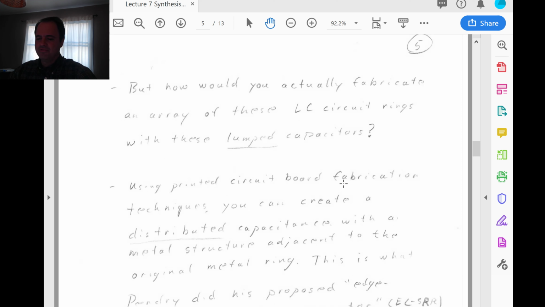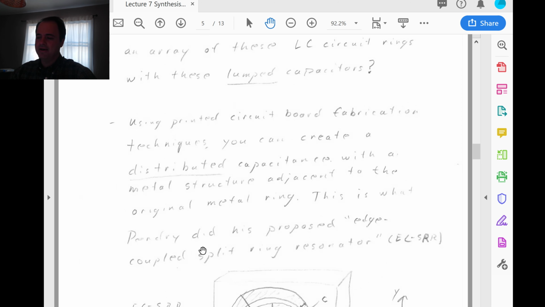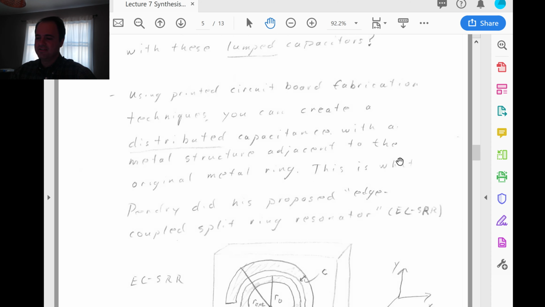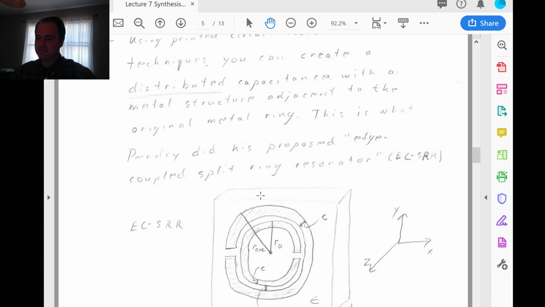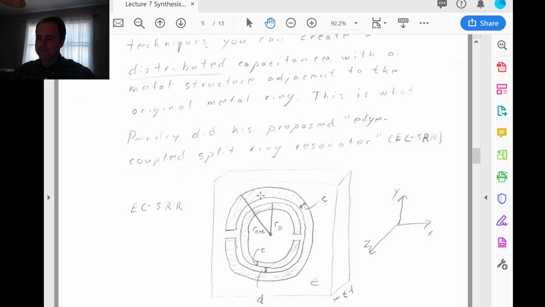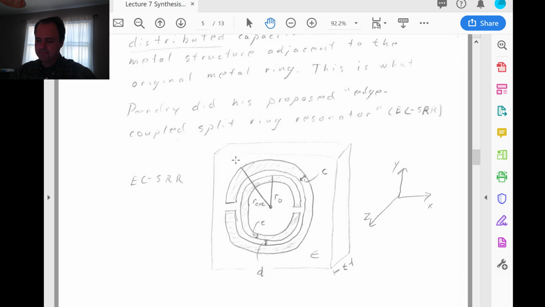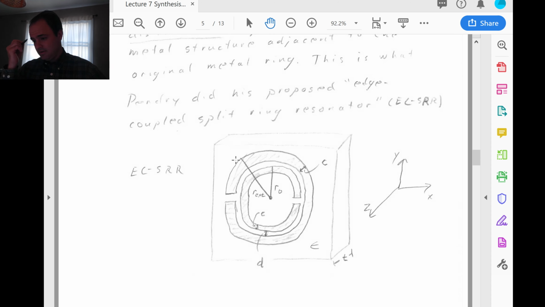Using printed circuit board fabrication techniques, you can create a distributed capacitance with a metal structure adjacent to the original metal ring. This is what Pendry did in his proposed edge-coupled split-ring resonator structure. All right, and so this is what it is. So we have the original ring. Either one of these can be viewed as original, and the other one would then be the add-on or adjacent one.